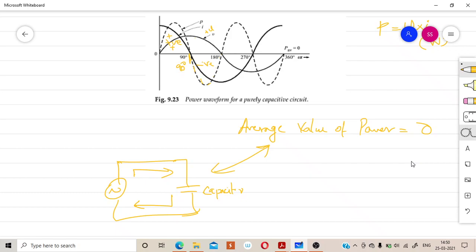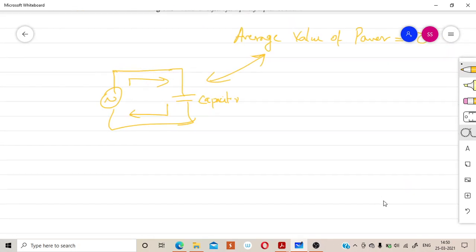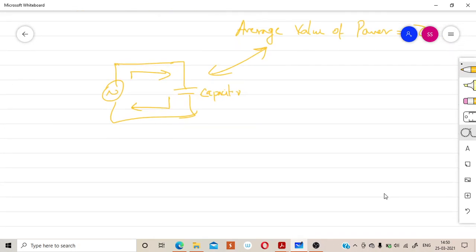Okay, so we confirm that the real power in a purely capacitive circuit is proved to be 0.